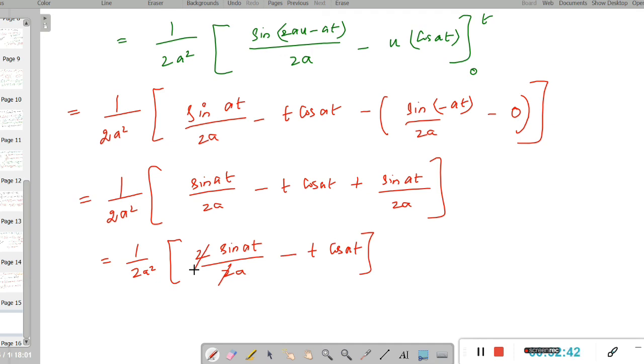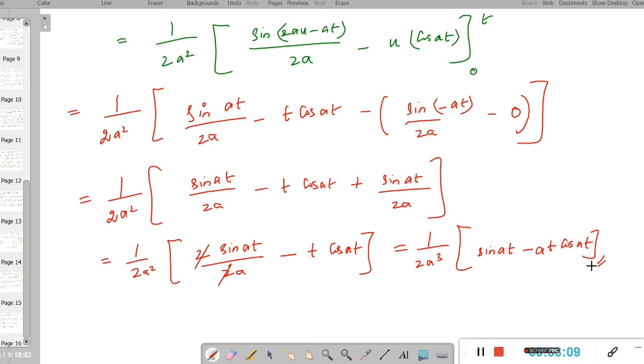If you take a 1 by A as a common term in the close bracket, you will get 1 by 2A cube, sine AT minus AT cos AT. So L inverse of 1 by s square plus a square whole square equal to 1 by 2a power 3 into sine AT minus AT cos AT.